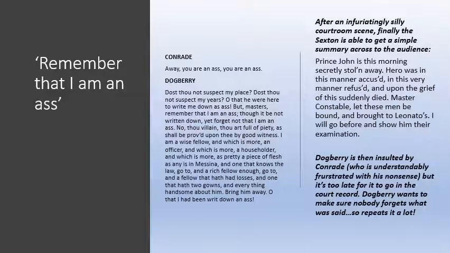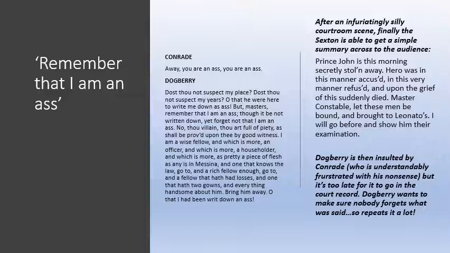Right, here is Dogberry in court. Conrad: Away, you are an ass, you are an ass. Dogberry: Dost thou not suspect my place? Dost thou not suspect my years? Oh, that he were here to write me down an ass. But, masters, remember that I am an ass, though it be not written down. Yet forget not that I am an ass.